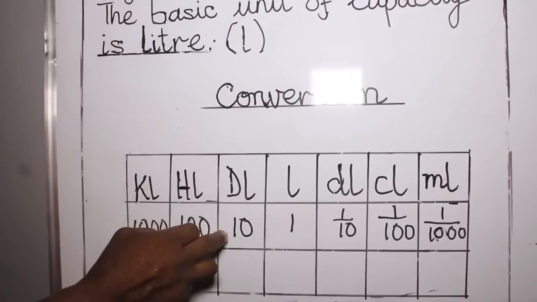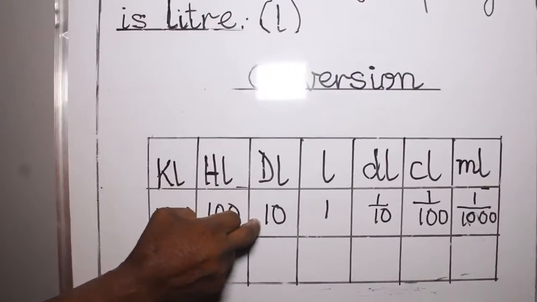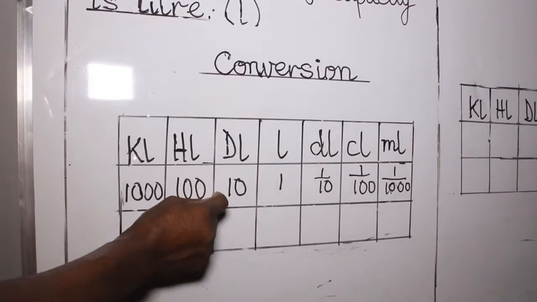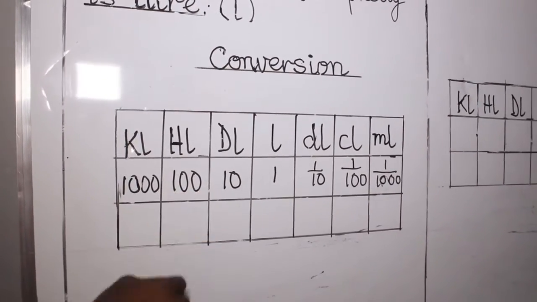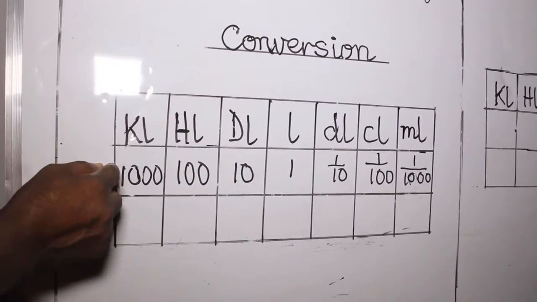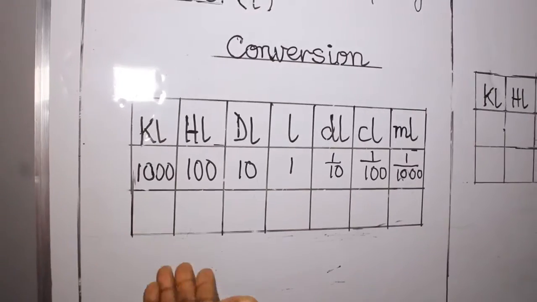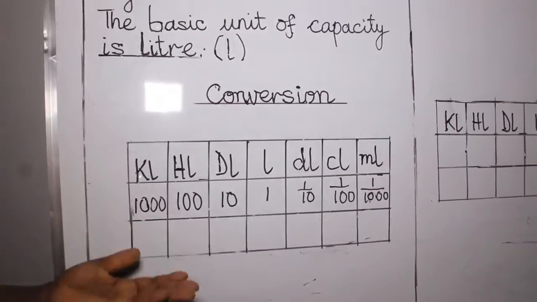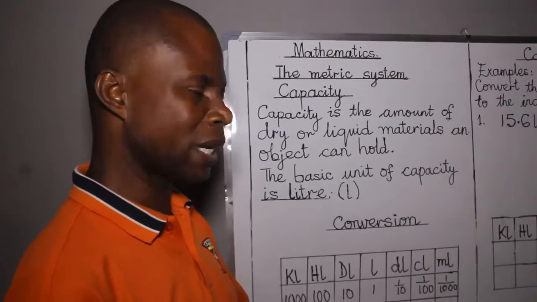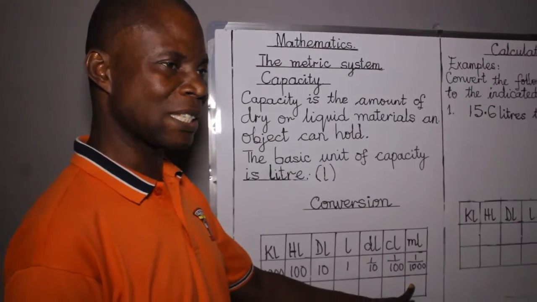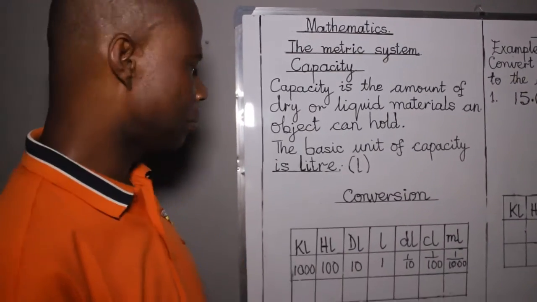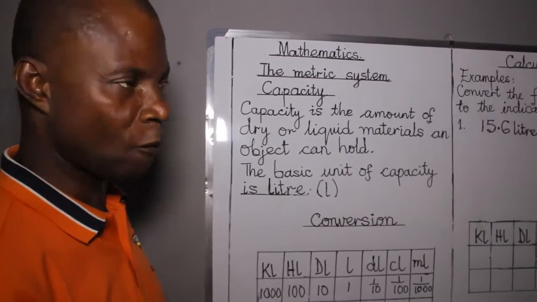But when we have 10 decaliter, it means 10 liters will give us 1 of this, and 10 of this will give us 1 of this. This is hectoliter and this is kiloliter. So it is in this form that it functions as decimal. This can also be expressed as 0.1, this as 0.01, and this as 0.001 in the decimal form. So that is the rule under the conversion.